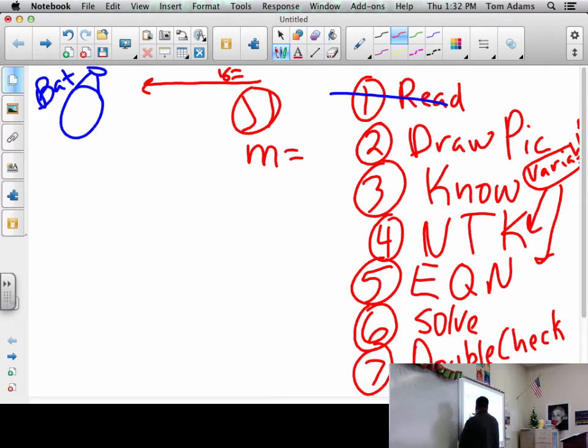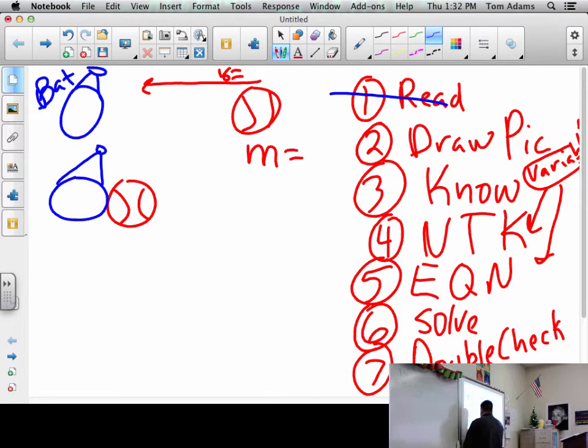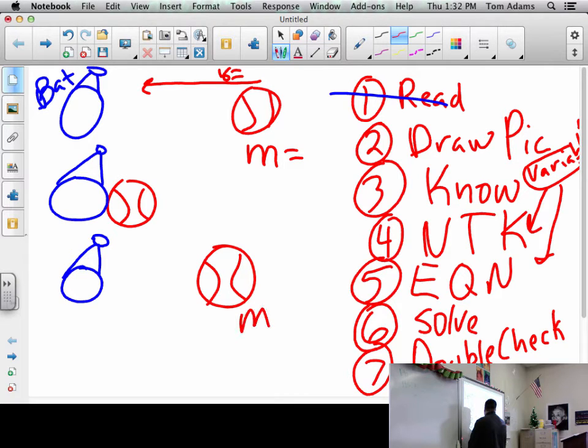This is the first phase. When it makes contact with my bat, then my ball, whose mass is still the same, now has a final velocity, which is a vector, going in this direction.